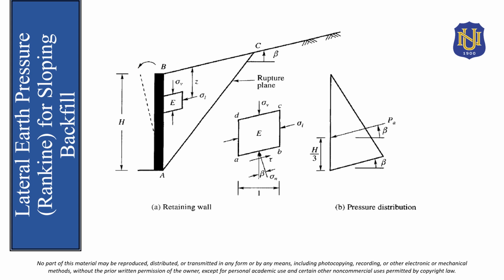The only difference here is that we will use the Rankine equation for an inclined backfill. That means, at the top of the retaining wall, the soil is inclined like this. When we measure it from the horizontal plane, it has an angle equivalent to a value beta.